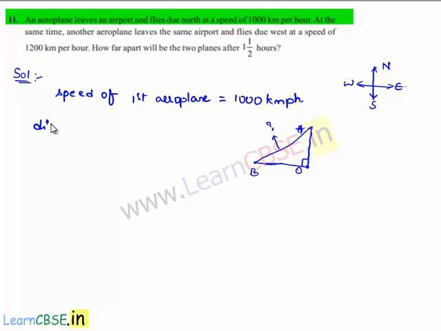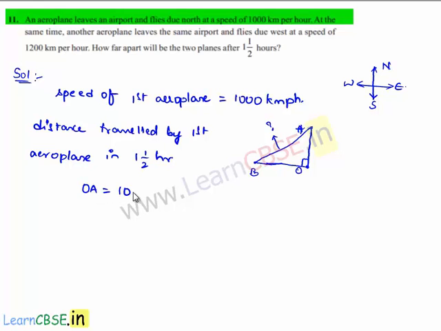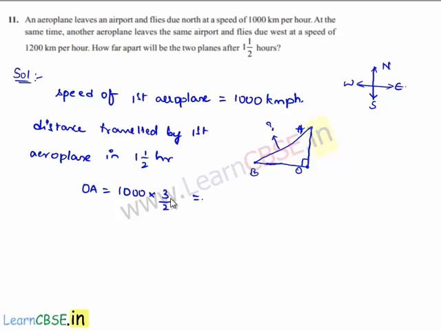So now distance travelled by first aeroplane in 1.5 hour will be OA, that is equal to 1000 into 1.5 hour, which is nothing but 3/2, which is equal to, 2 goes in 1000 500 times, and 500 times 3 is 1500 kilometers. So we got OA as 1500 kilometers.